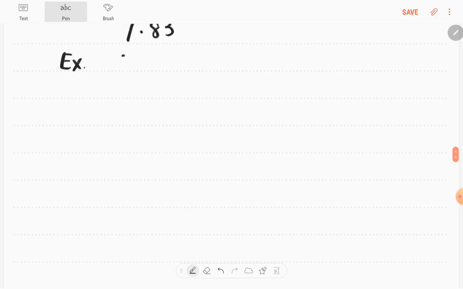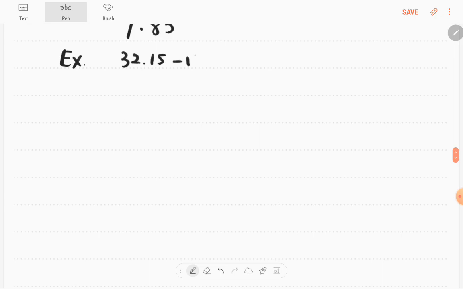Subtraction is very similar to the addition. We still need to line up the decimal point.